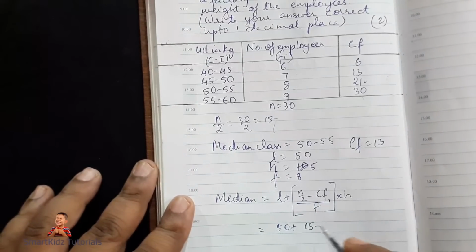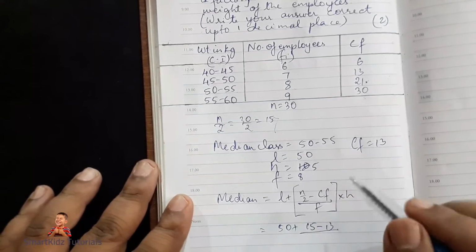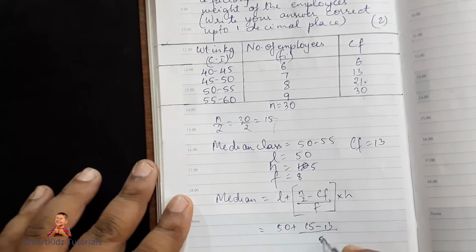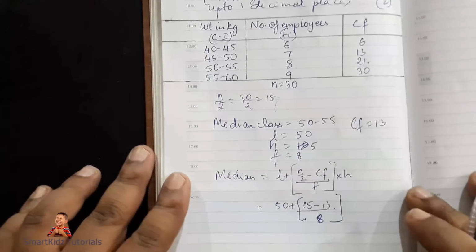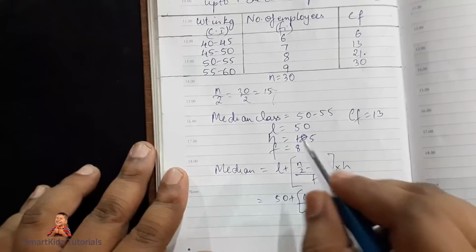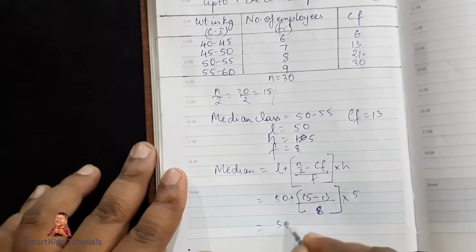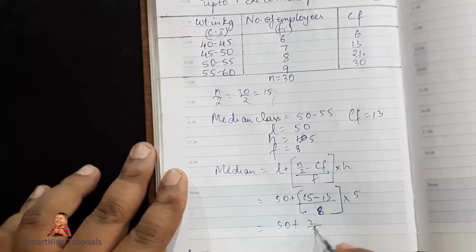Cumulative frequency we've got as 13. Whole thing upon frequency, which is 8. Put this in the bracket and multiply it with H, which is 5. So 50 plus 15 minus 13 is 2 upon 8 into 5.